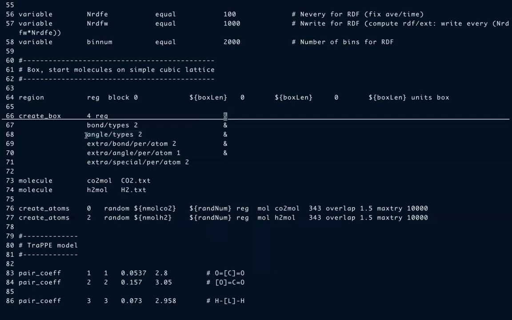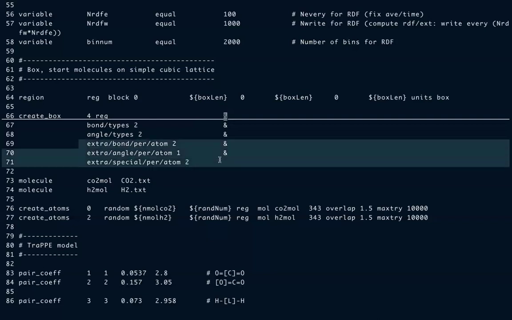Similarly, the angle is also 2 types because you have one angle between oxygen, carbon and oxygen, and between hydrogen, dummy atom and hydrogen. Now these extra commands instruct LAMMPS to ignore the interactions between the atoms, which is usually used for speeding up the simulations.